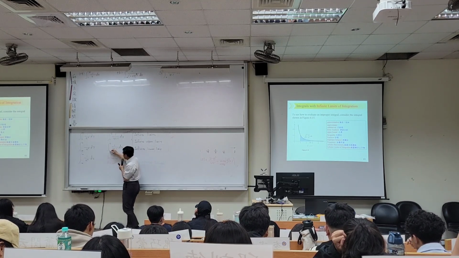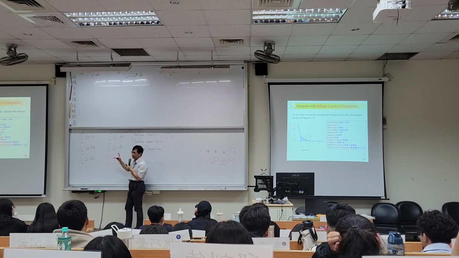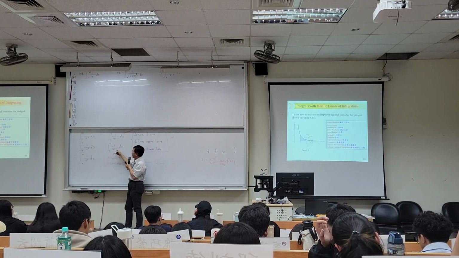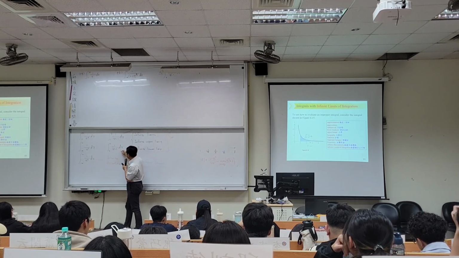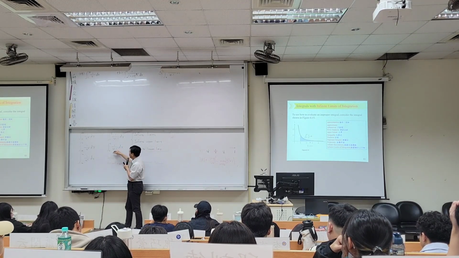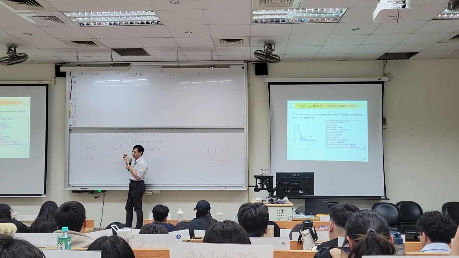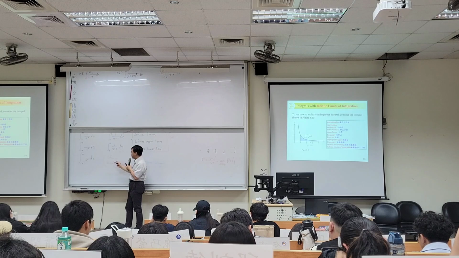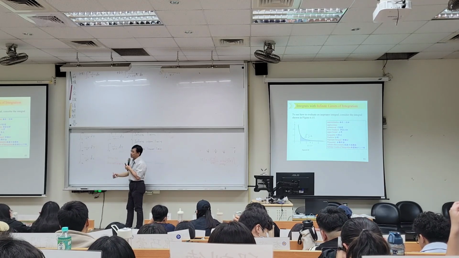Even though it's not from 1 to 3, here you integrate from 0 to 2, including 1. So both cases involve x equal to 1. That's when x equal to 1 makes this function discontinuous. So this is called an infinite discontinuity. There are two types.